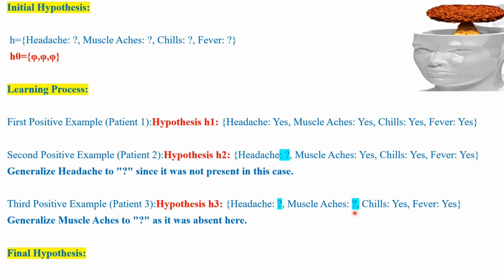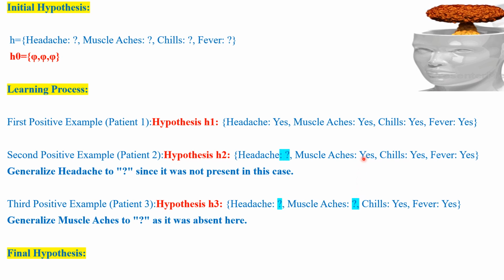When it is considered as no, we have to check with the previous hypothesis value. We are in H3, so we have to check this with the H2 value. The value of the muscle ache attribute for patient 3 is no. You have to compare this with the previous hypothesis, where it is yes. So this is contrasting.